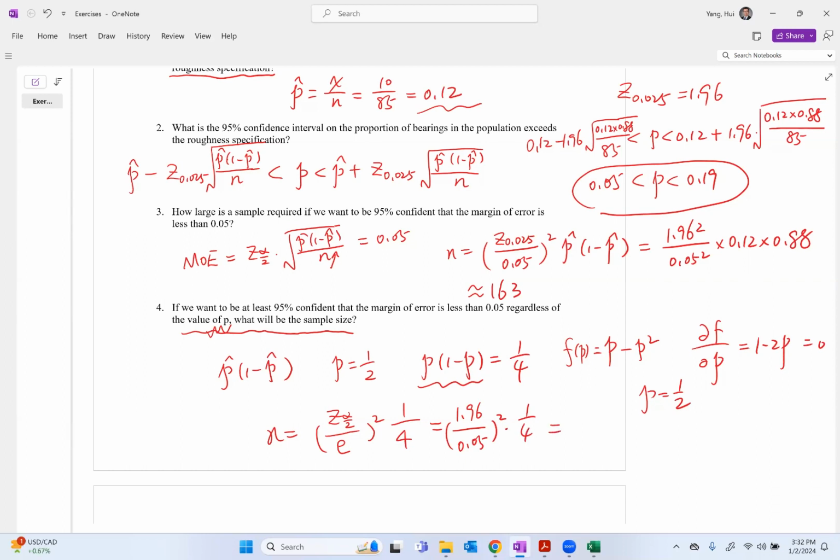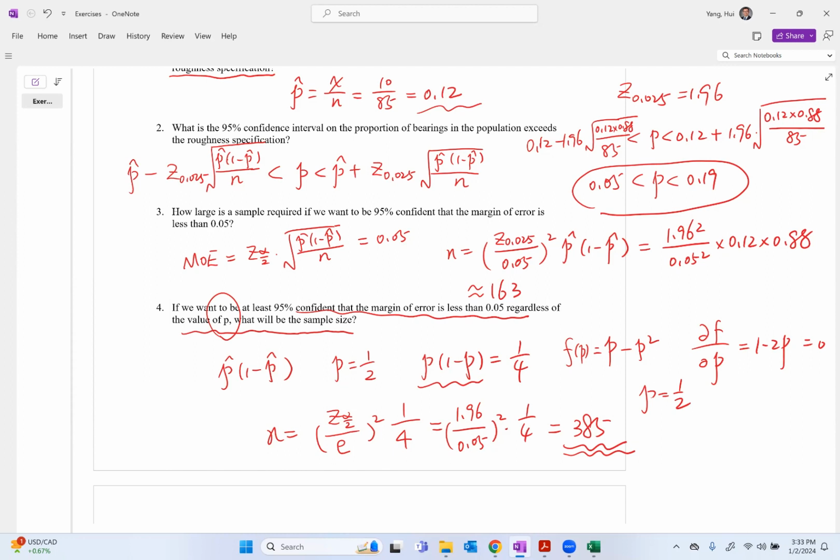This will equal 385. So if your sample size reaches 385, then regardless of the true population proportion, you are confident that the margin of error is less than 0.05. The bigger the sample size, the more accurate the estimate of the proportion.